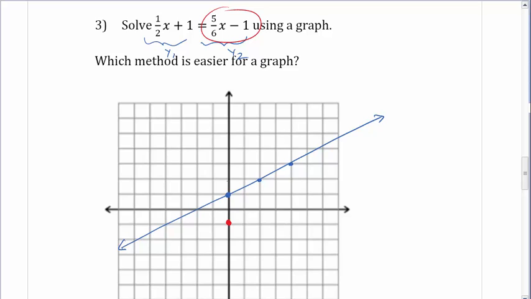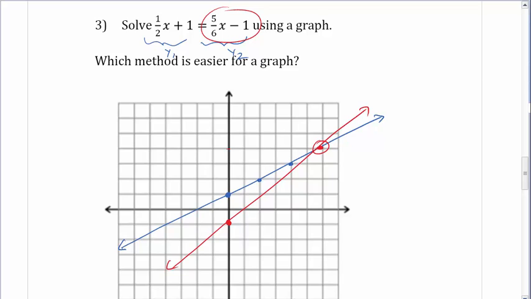So 1, 2, 3, 4, up 5 over 6. That's right there. If I draw that line in, I get that. And there's my point of intersection, which, if I was using paper and not a slippery tablet, would probably land exactly on that coordinate.